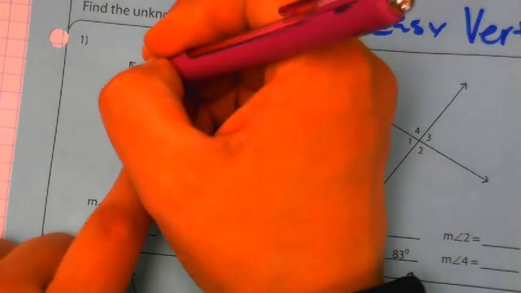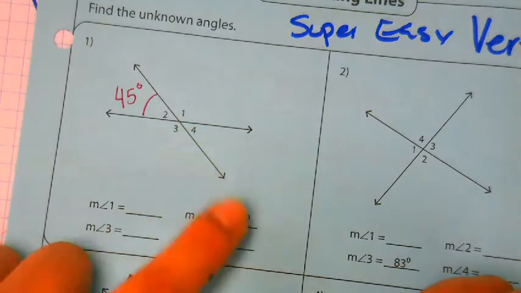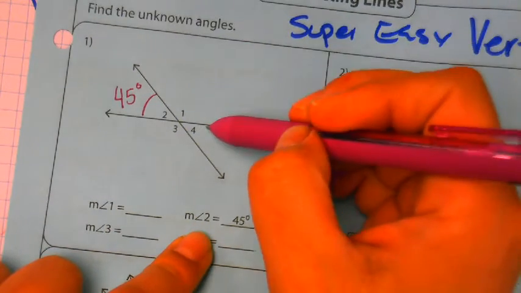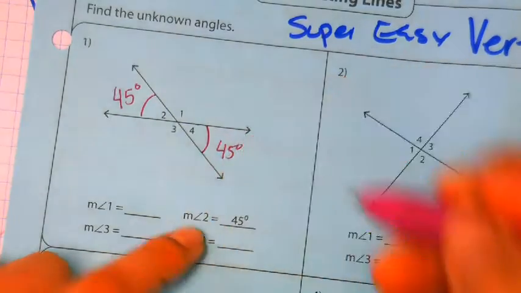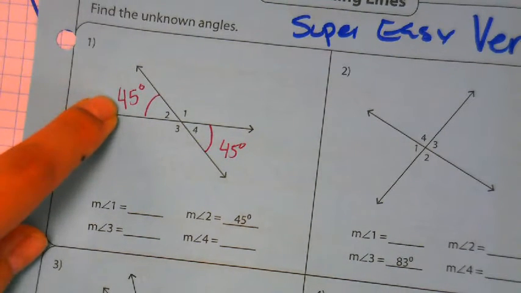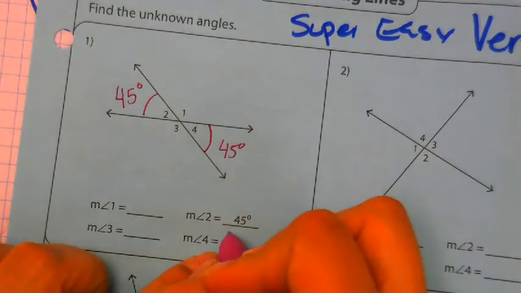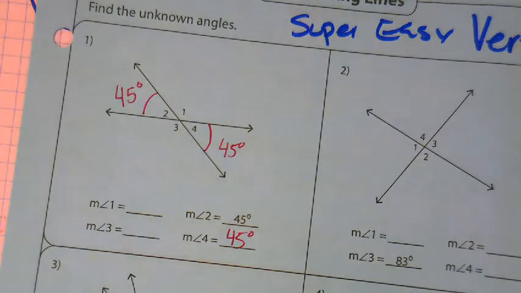Do you guys see that? So that means angle 4 is why? Because they're vertical angles, because they're opposite and congruent, which means focus. So if this is 45 degrees, this is 45 degrees. So I can write that down. Angle 4 is 45 degrees. That easy. We okay with that part?